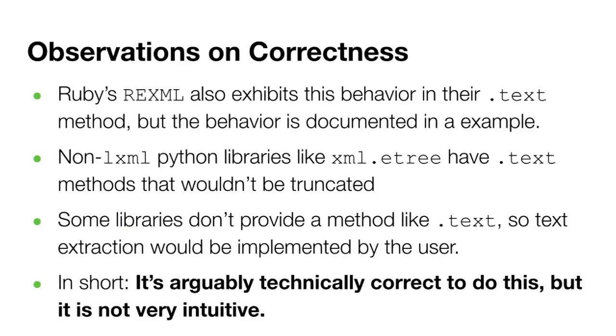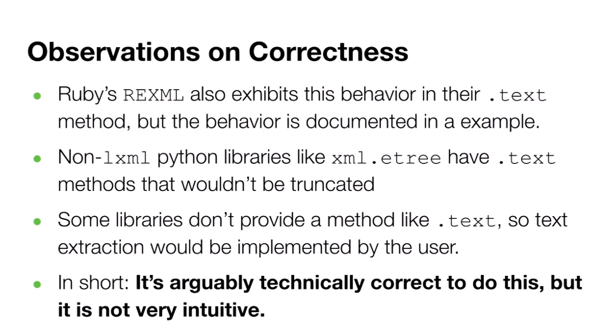So is LXML broken? It's kind of hard to say. Other libraries do what LXML does in their methods for extracting inner text, take for example Ruby's REXML. They'll also truncate everything after the comment, but REXML documents this behavior, so it could just be viewed as correct.